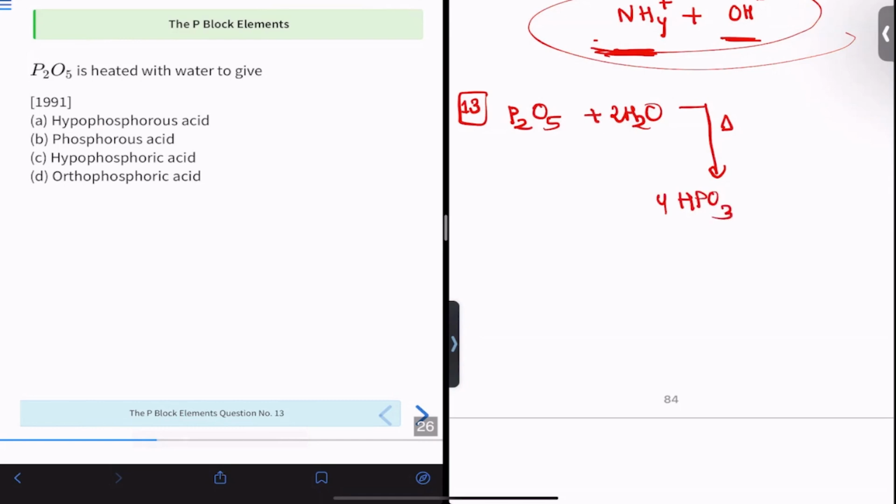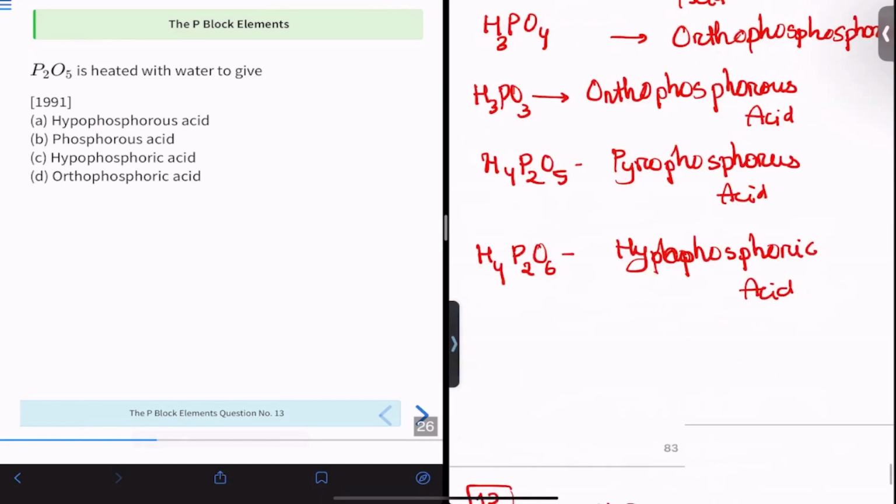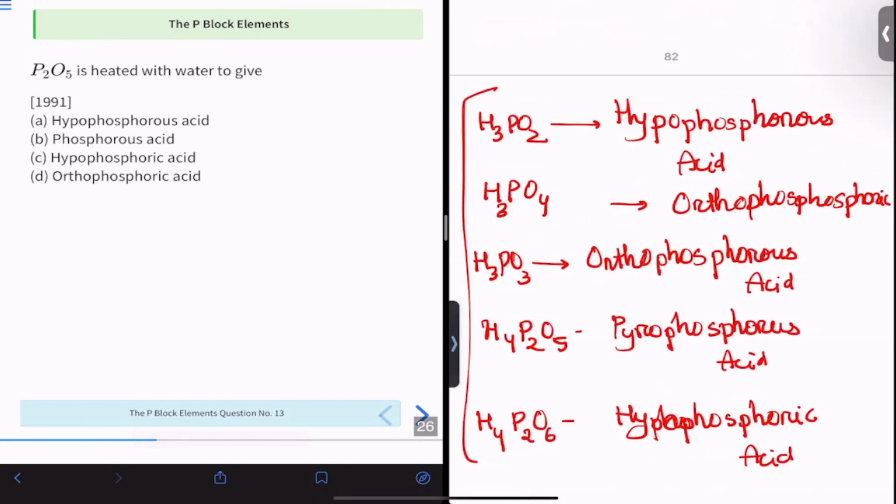And what is HPO3 known as? Again, this part is important. If you don't remember which compound is known as which acid, how will you know in which option the answer is? Do you understand the importance of these names?